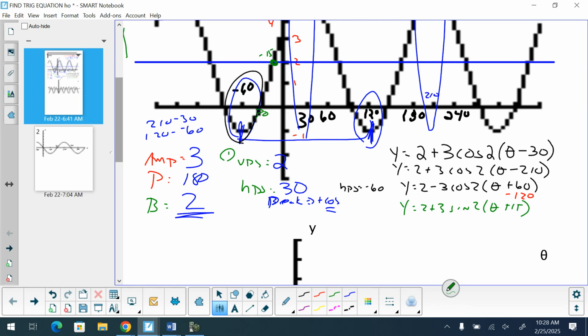That is correct. If I want to come over here and use this value, I'm going down, I would have minus 75: 2 minus 3 sine 2 theta minus 75. Make sure you get y equals. All these are correct solutions. You have to see what works for you and what you see. It depends on what you see your horizontal phase shift to be.